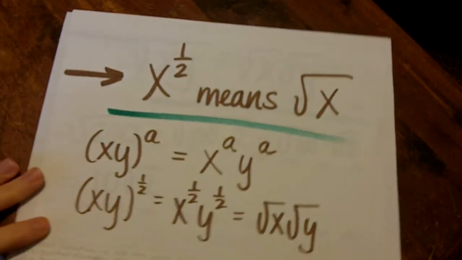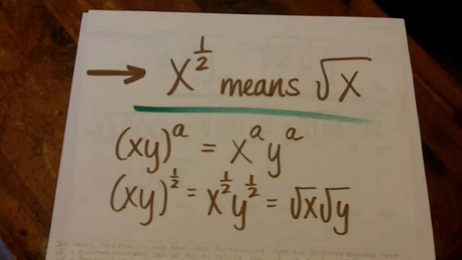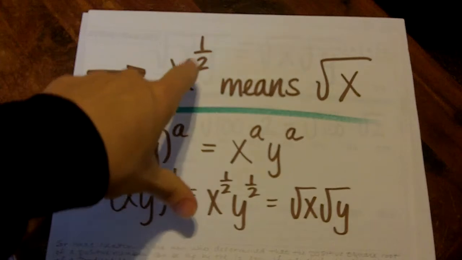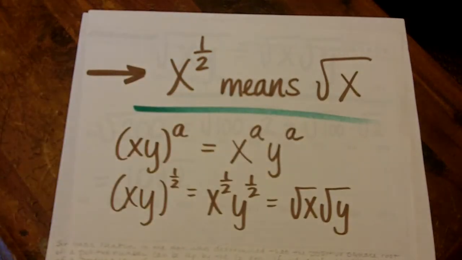So here we go. Sir Isaac Newton is actually the guy who came up with the idea that x to the 1/2 means the same thing as the square root of x. And he went through this little process, which you can actually read through in our book if you'd like, that kind of tells you how he got there.